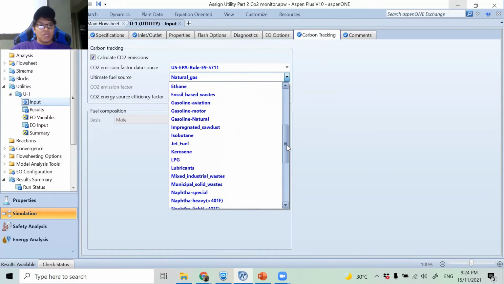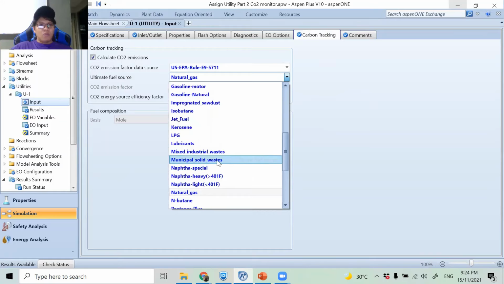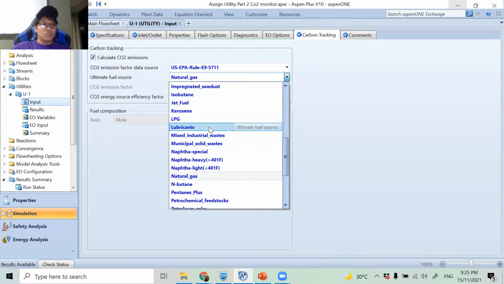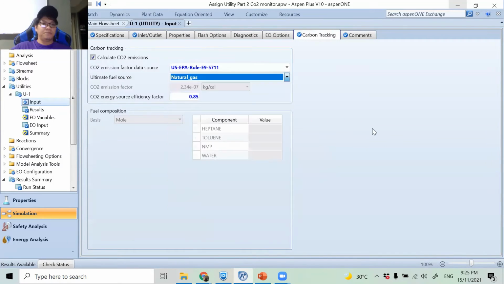Even, I think if I'm not mistaken, they also use municipal solid waste. So there's a lot of research going on, and US EPA probably got data from all of this, fuel source research on using different kinds of fuel, and then put it here.